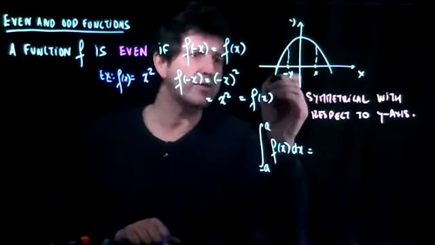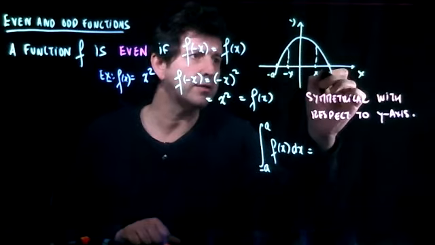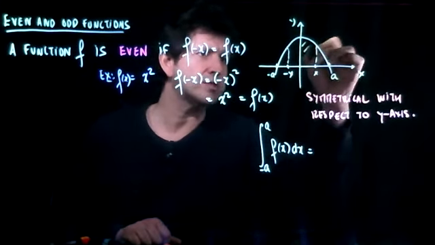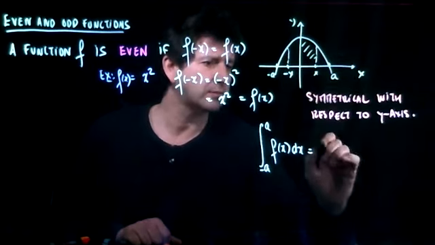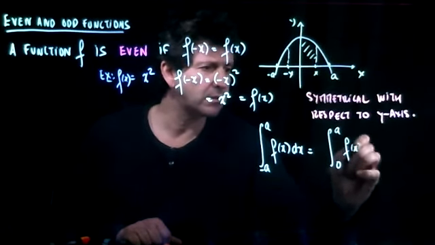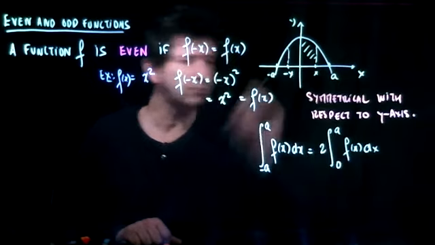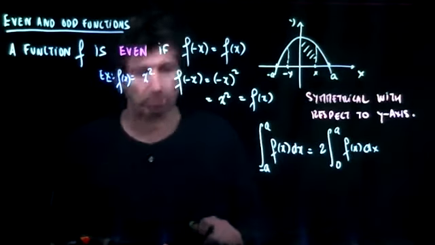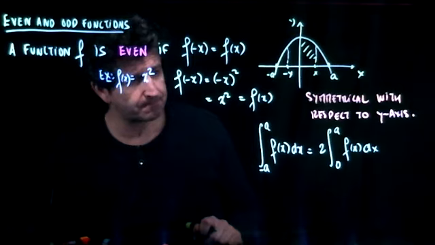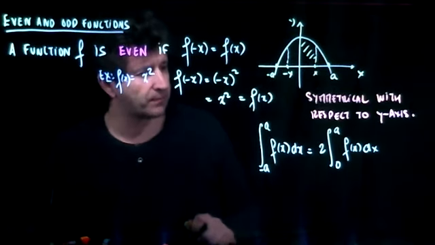Okay, so if I want to find the area from negative a until a, well, I just need to find the area from 0 to a and double it. This is equal to 2 times the area from 0 to a. Make sense? This is symmetry.